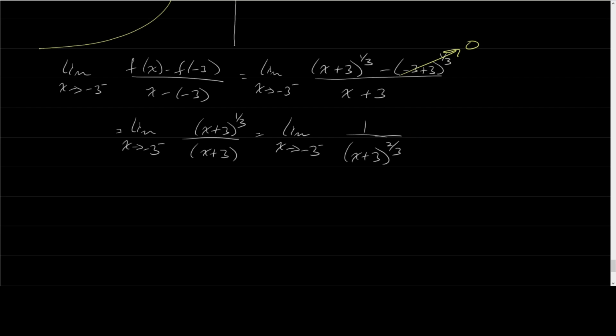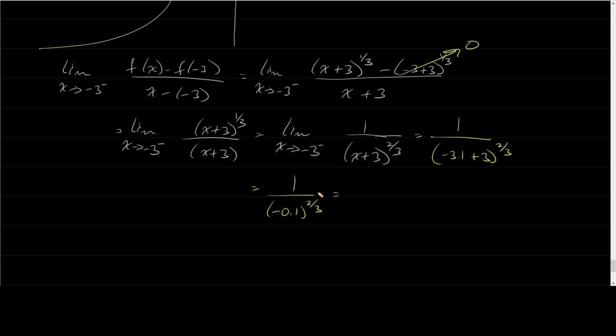And the idea here is, well, what is this going to give us? We're going to have something like 1 over -3.1 plus 3 to the 2/3, which would be 1 over -0.1 to the 2/3. Let's do it this way. This is a small fraction squared. Well, that's going to be positive.